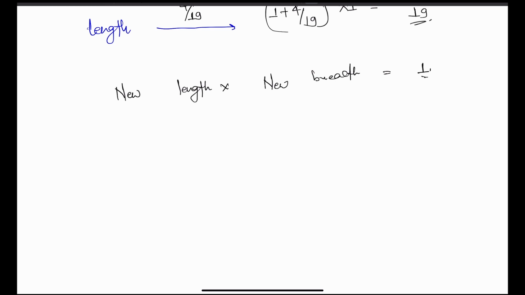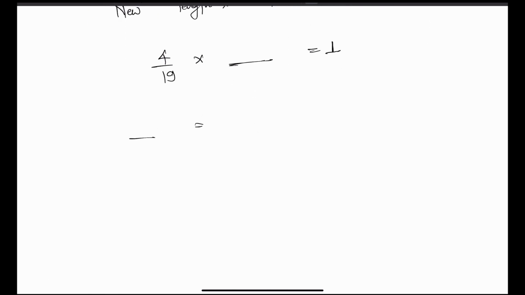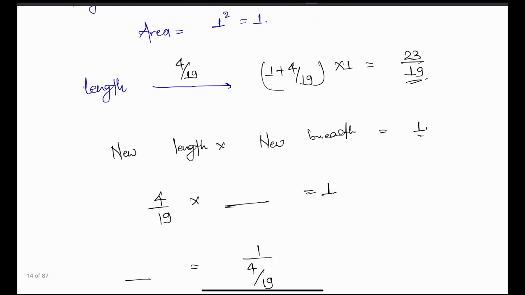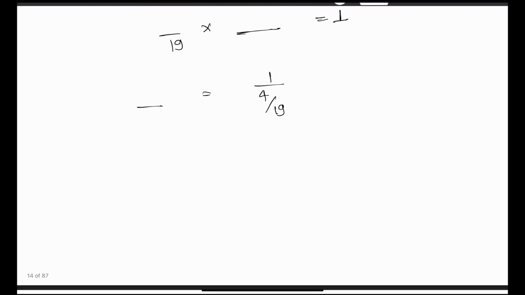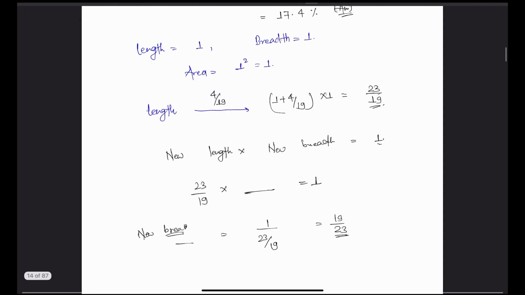So the new length is what? New breadth we don't know, keep it blank, equal to 1. Sorry, that's my mistake, the new length is 23 by 19. So here it will be 23 by 19, and upon inversion it becomes 19 by 23. So the new breadth is 19 by 23. The old one was 1.